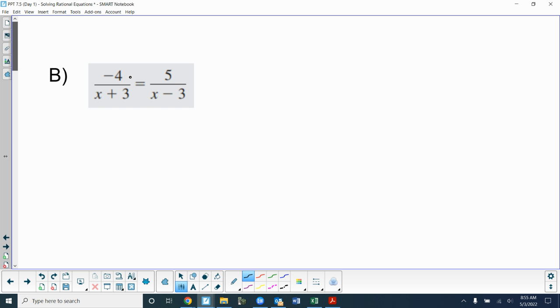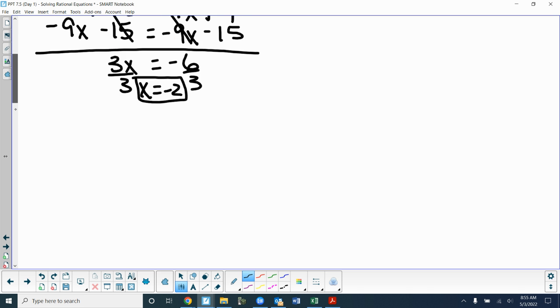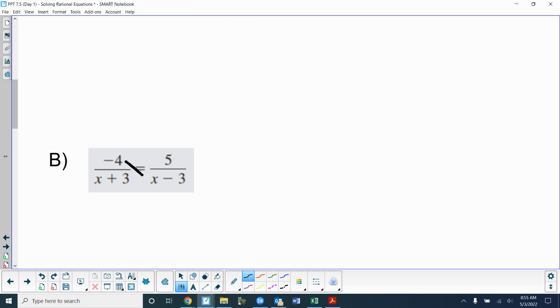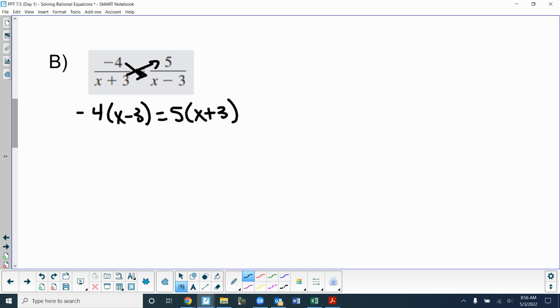So cross multiply. -4 times x minus 3 equals 5 times x plus 3. And it doesn't matter which one you put on each side. If you had the 5 times x plus 3 on the left and the -4 times x minus 3 on the right, that's okay.